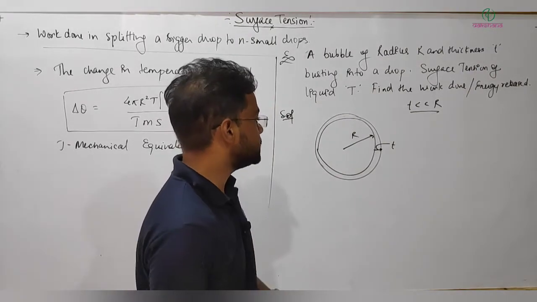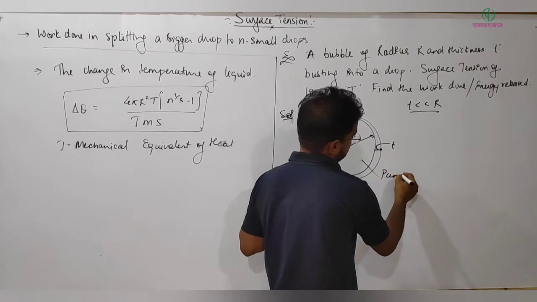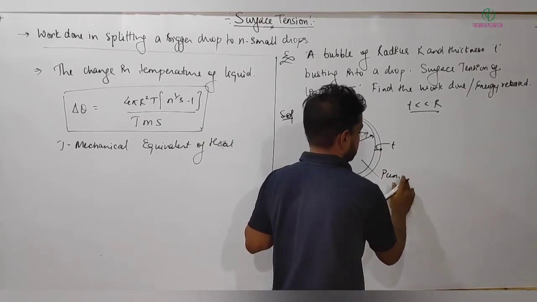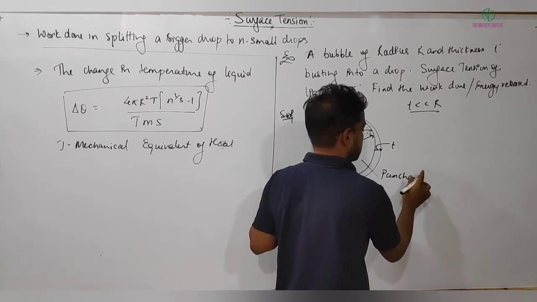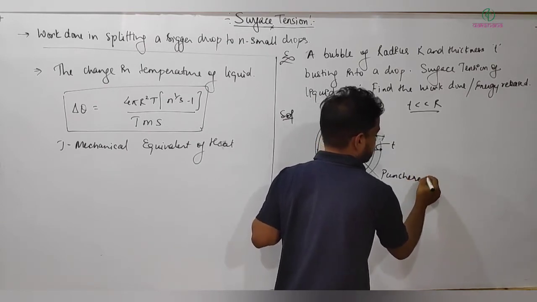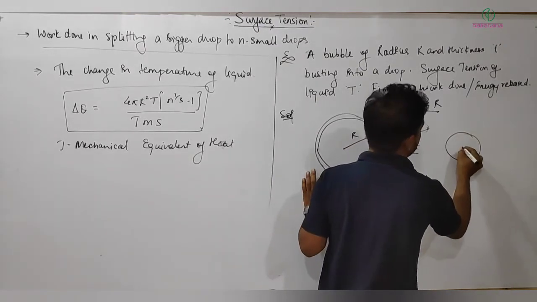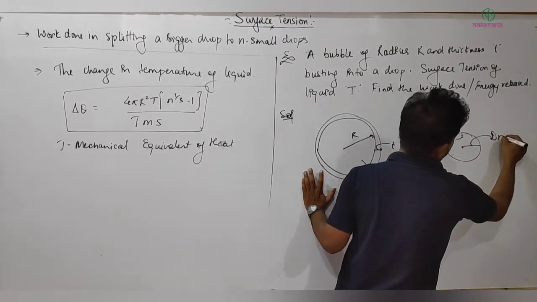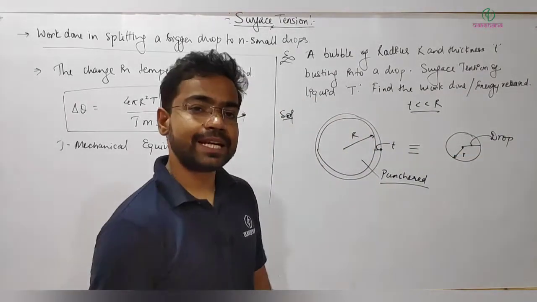So in this situation, when it is burst, is it punctured, then what will happen? It will result in a drop of some radius smaller. How will I get the radius?